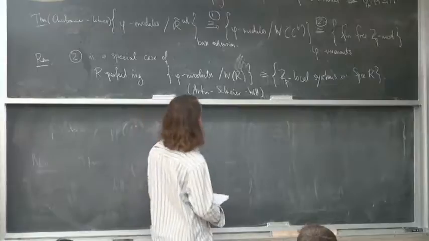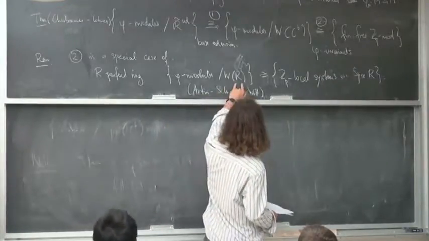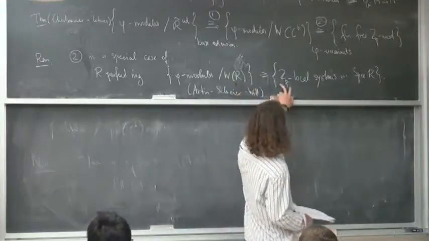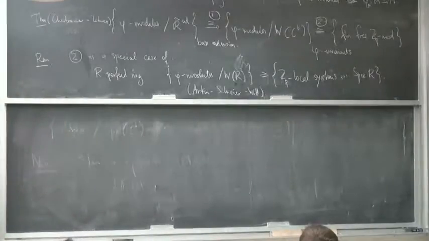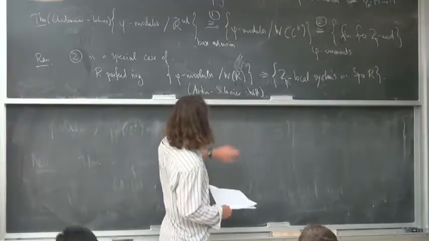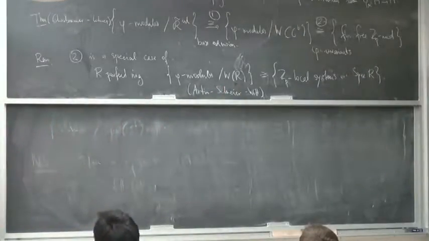The hard part is probably this: there is a version over just the ring R itself, phi modules over R and F_p local systems, and you have to show that whenever you have a phi module over R, then finite étale locally it has enough phi invariants.